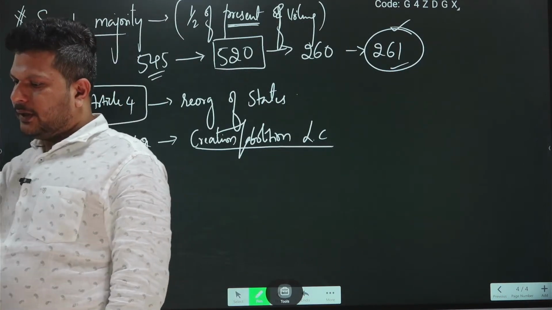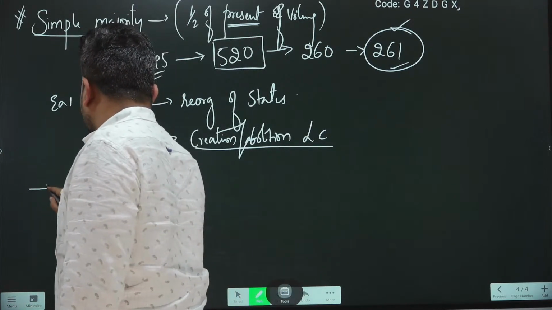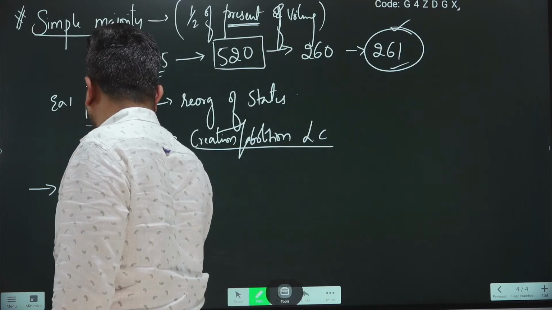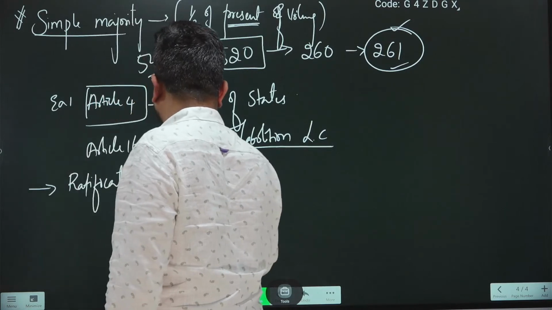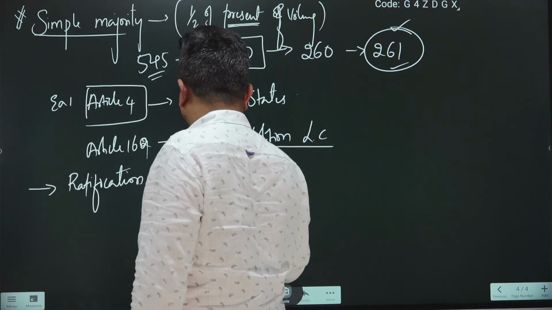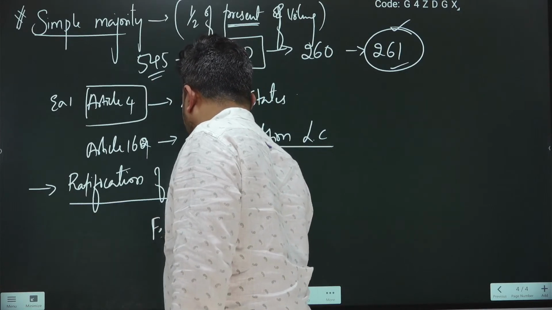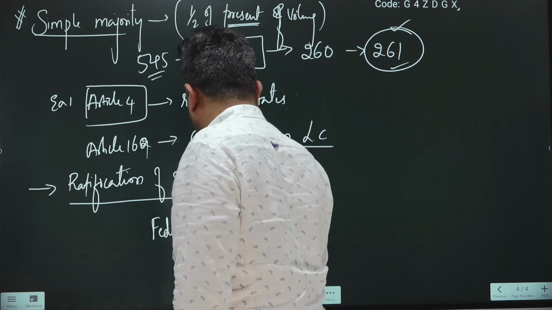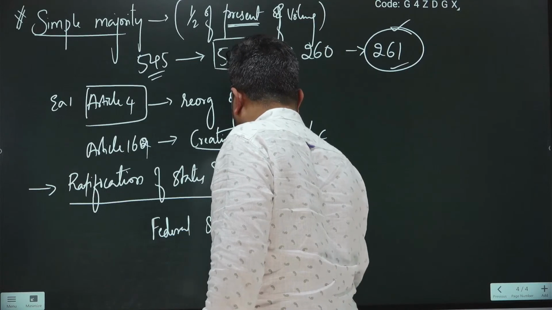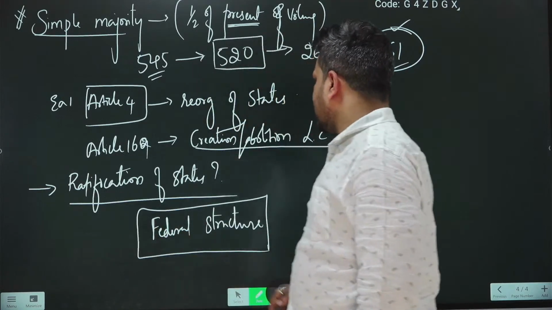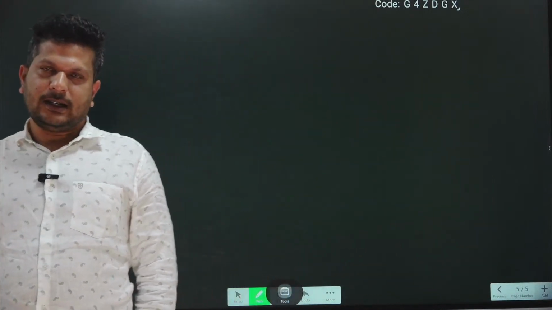In the same way, now we are saying for which amendments we need ratification of states. As I told, any provision which has a federal structure, or any amendment which is going to affect the federal structure of the constitution, has to get ratification of states.